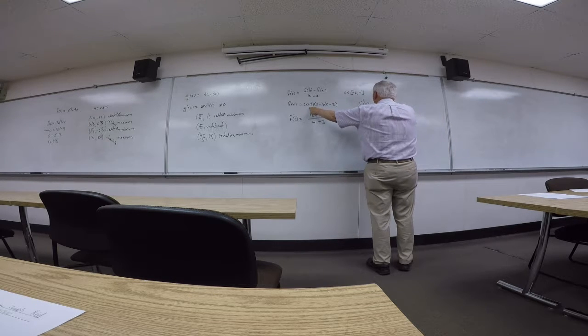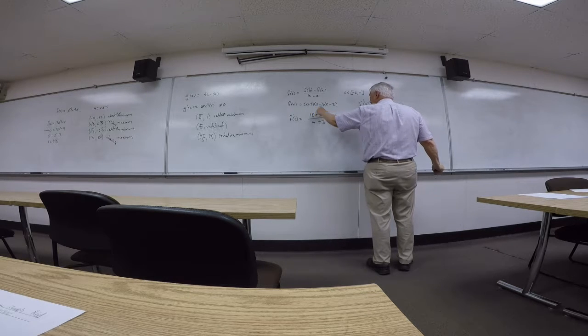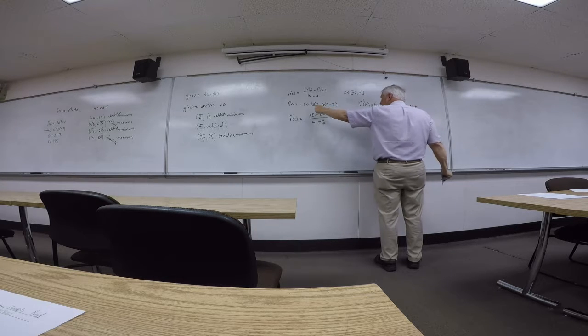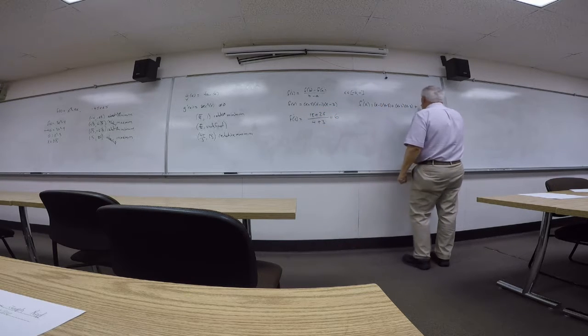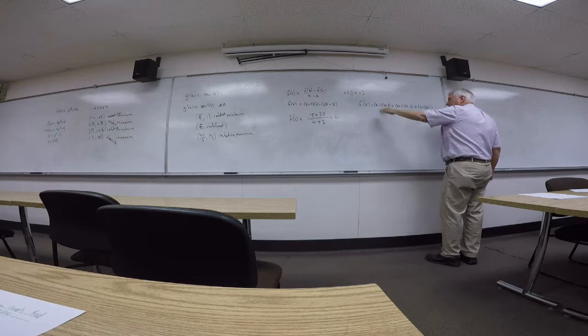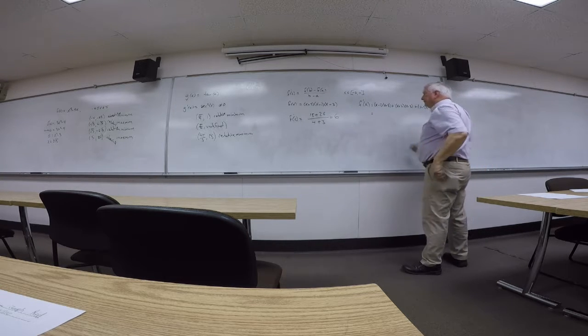Derivative of the first, 1, times the second, 2, plus the first times the derivative of the second, 1, times the third, plus the first times the second, times derivative of the third, which is 1. So this is our derivative.